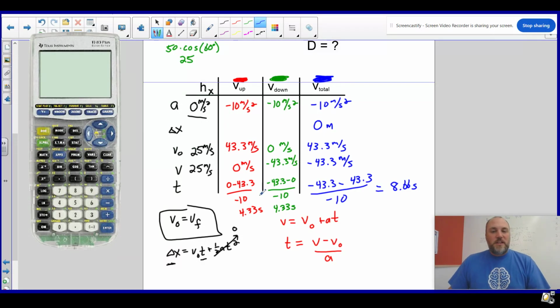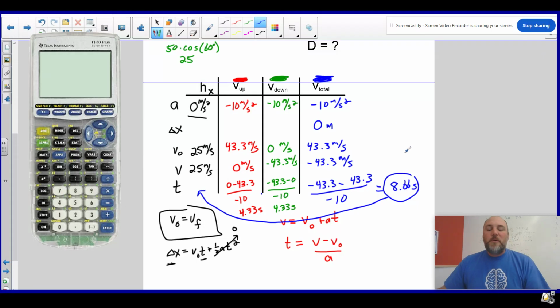So again, it doesn't matter if you want to be the type of solver who uses the two trajectories independently and adds them together, or the person who just finds the total time. But to find the horizontal range, we're going to use the total time, 8.66. I'm going to bring it over here to the horizontal. That's okay to do with time because time is a scalar value. So in my horizontal direction, I know it takes 8.66 seconds to land.